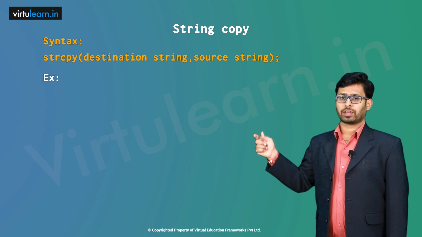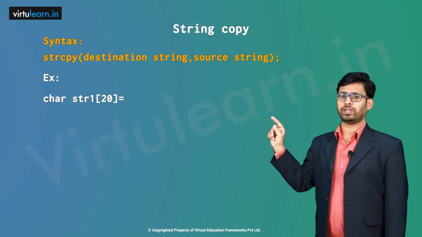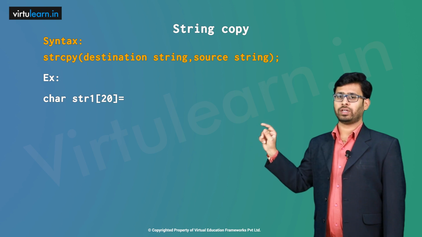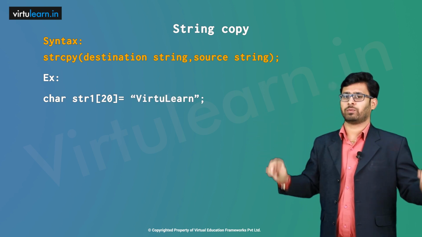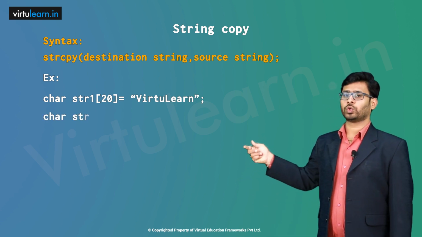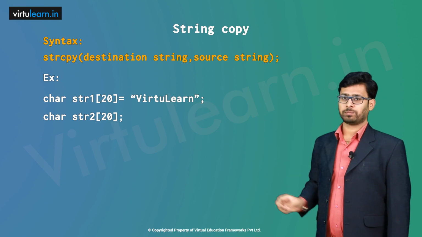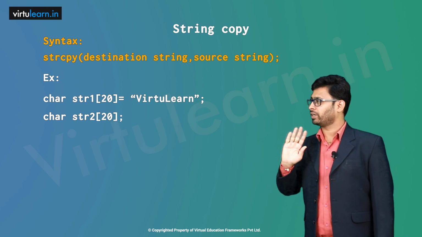Example, char str1[20], size is 20, equal to "Virtulearn", which I am writing in the inverted commas. char str2[20], size is 20, put a semicolon. In str2 I am not writing any string.